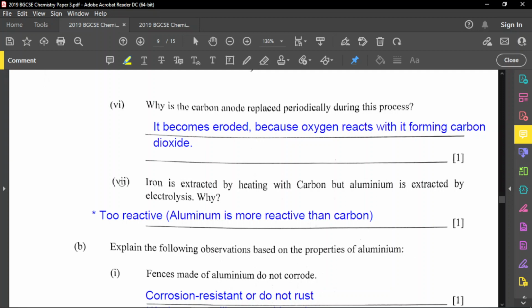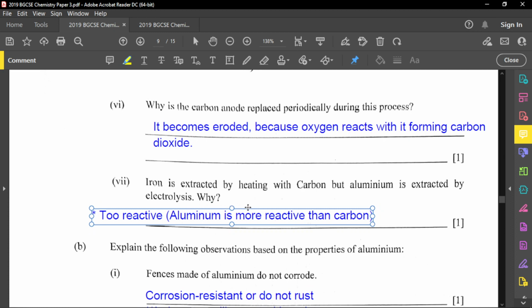All right, and part 7, this is a lengthy question here. Iron is extracted by heating with carbon, but aluminum is extracted by electrolysis. And it asks why. And so aluminum is too reactive, or again, aluminum is more reactive than carbon.